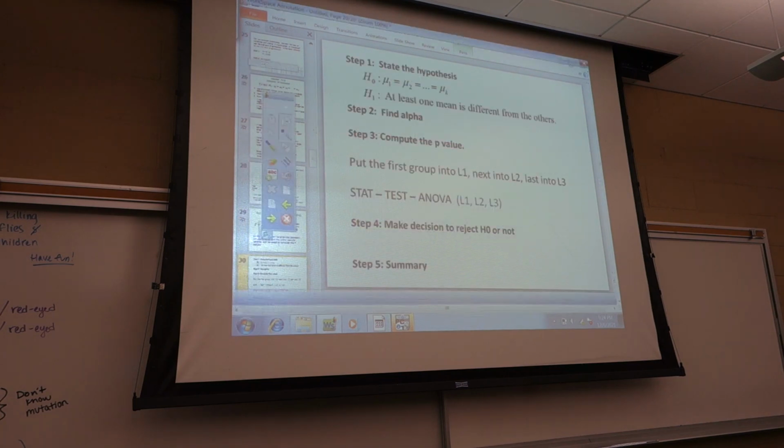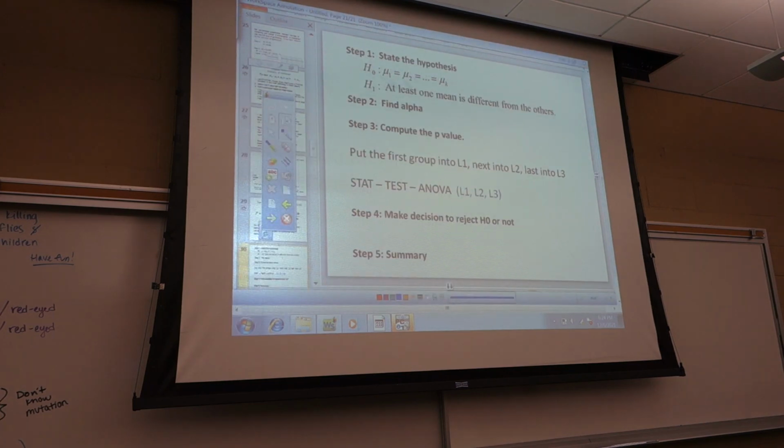All right. So number 1. These are the steps. State your hypotheses. Michaela, thanks for volunteering. Go ahead and read for me. Step 1, the hypothesis. H naught: mu1 equals mu2 equals up to mu k. H1: at least one mean is different from the others.